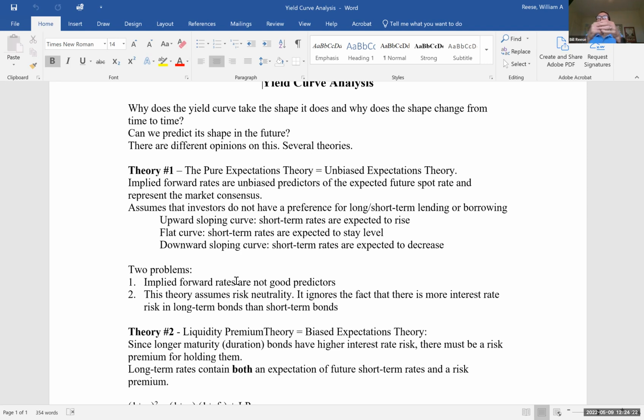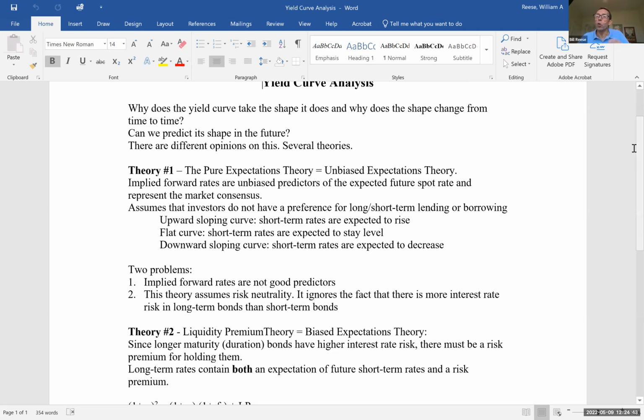If interest rates go up, the price of a bond goes down, but it goes down by much more for a longer-term bond than a short-term bond. So based upon interest rate risk, long-term bonds have more risk in them than short-term bonds. So this concept is what leads us to theory number two.